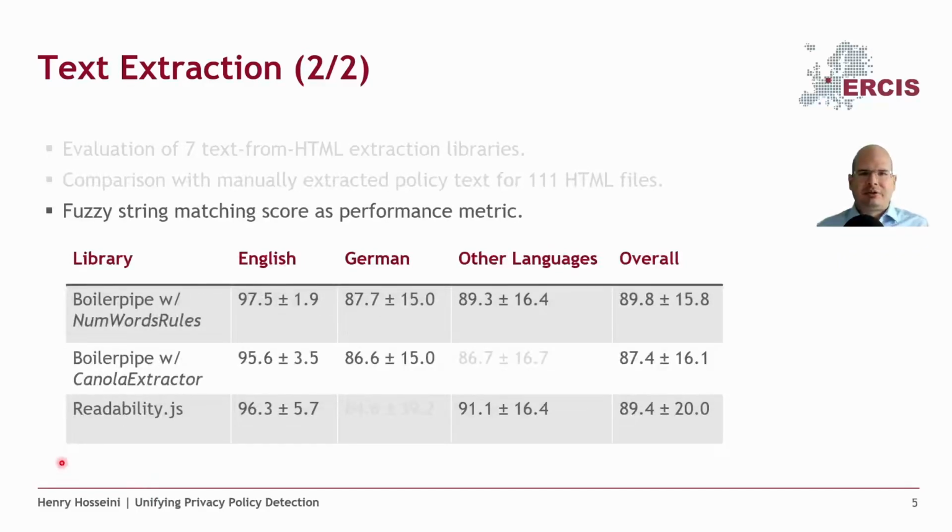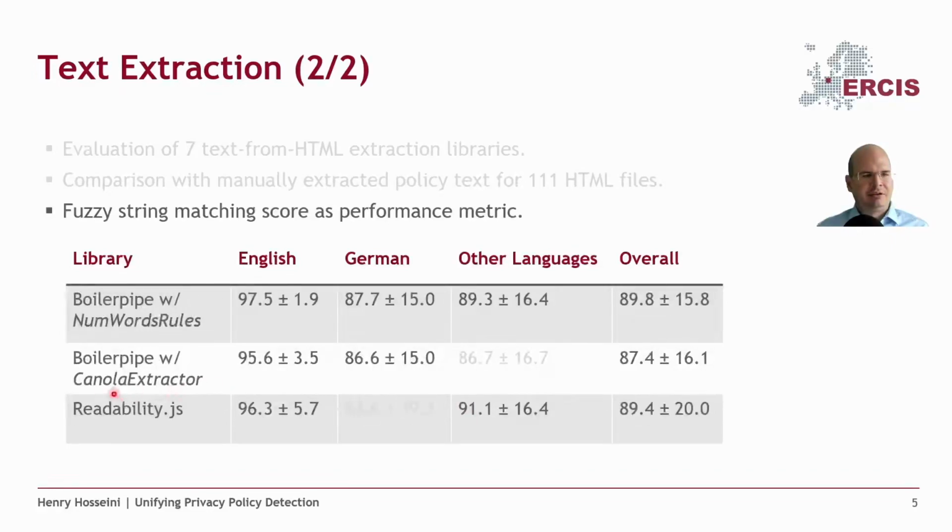So I only show you the best performing libraries with their respective settings. It turns out that the boilerpipe text from HTML extraction library with the numWords rule setting performs best for English and German. The readability.js library performs slightly better for other languages.